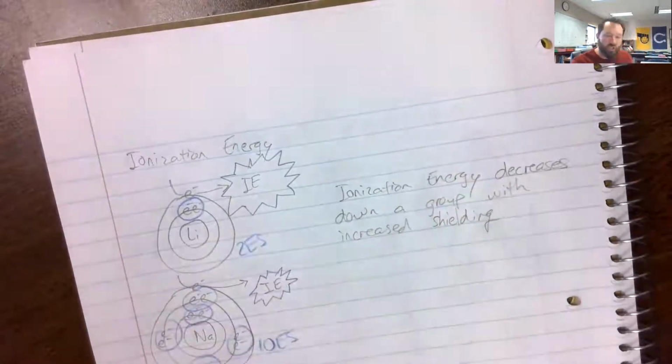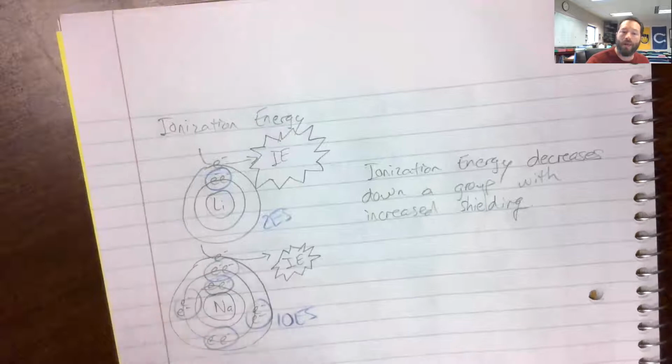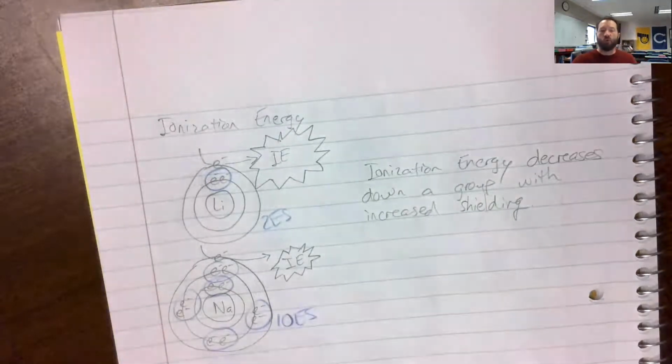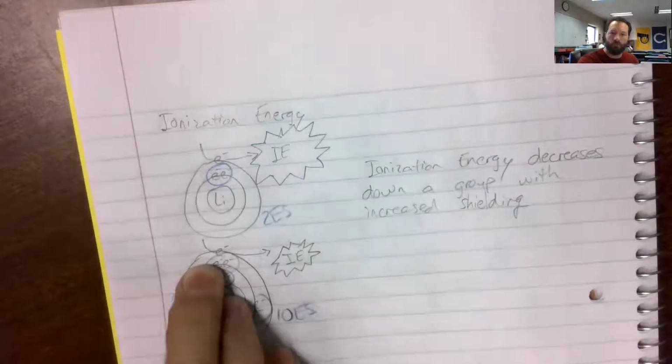So the more shielding you have, the more repelled that outside electron is. And so the easier it's going to be to remove them. Easier means less energy.